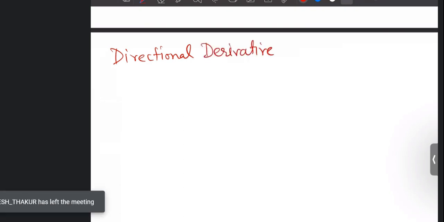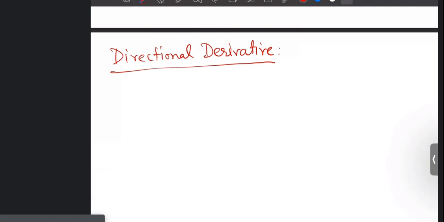Next, we have one important topic, that is the directional derivative. Next topic we consider is the directional derivative. What it states: as per the previous level surface, we consider the same level surface.